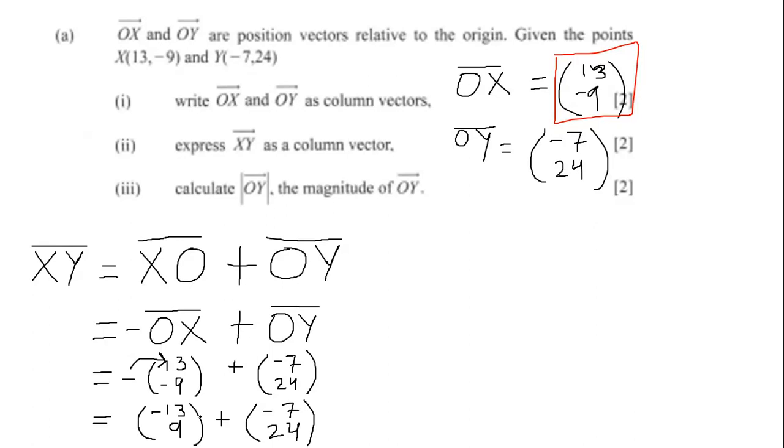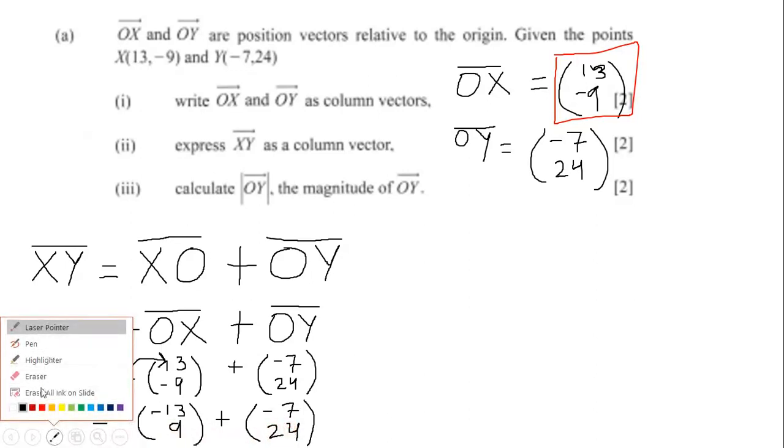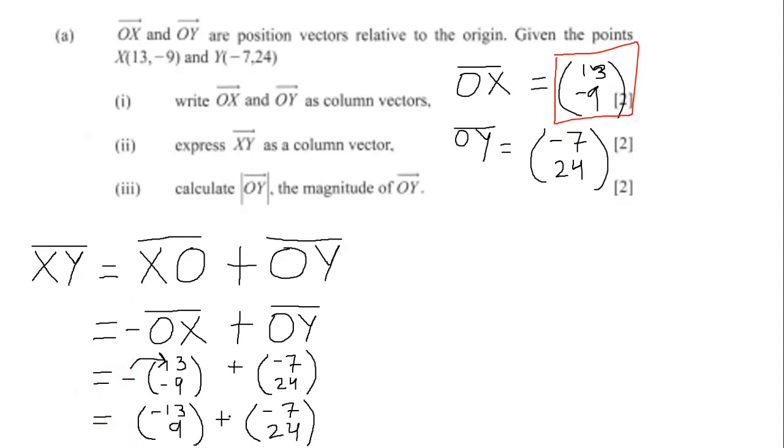Now, how do you add vectors? Well, you add them by corresponding entries. So what that means is that we're going to take the negative 13 and add it to negative 7. And then we're going to take 9 and add it to 24. And so let's do that. What is negative 13 plus negative 7?